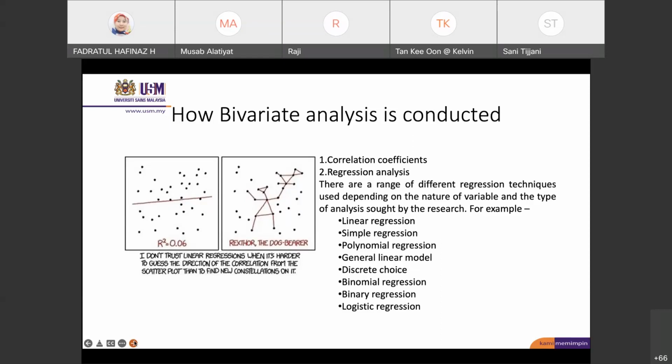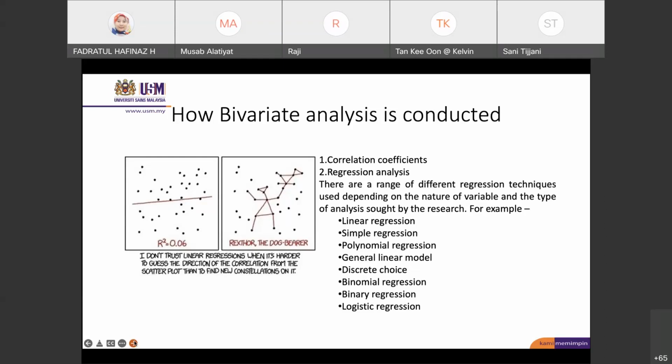Right. Regression analysis is used for estimating the relationship between two different variables. It includes techniques for modeling and analyzing several variables when the focus is on the relationship between a dependent variable and one or more independent variables, right? It helps to understand how the value of the dependent variable changes when any of the independent variables is changed.